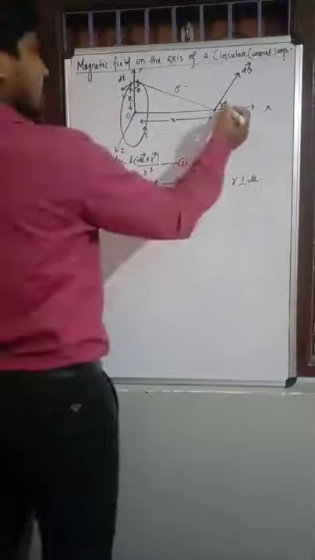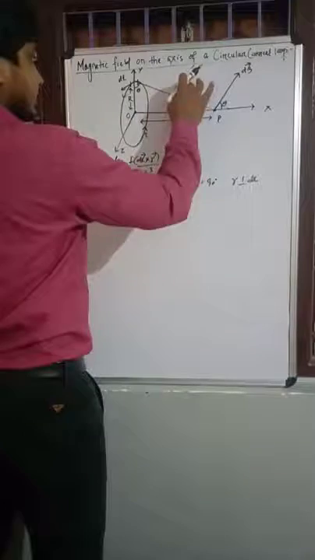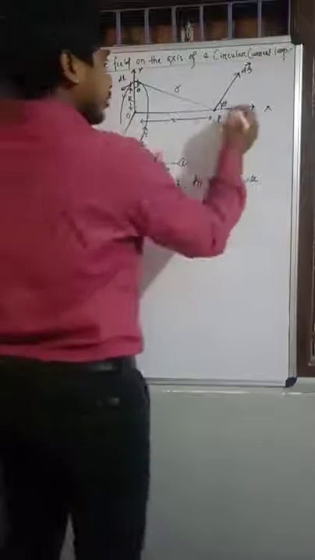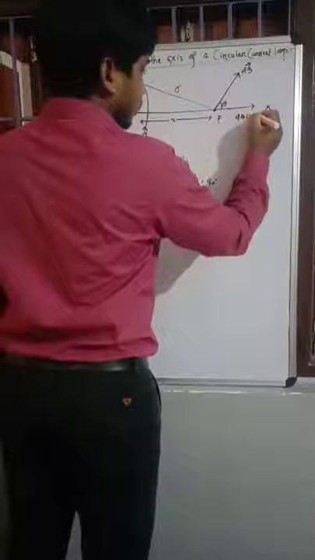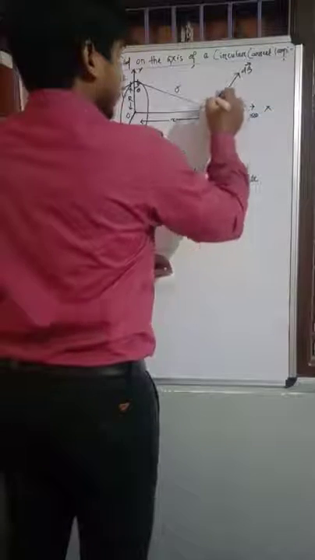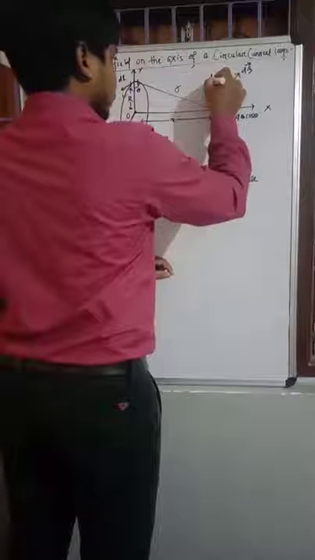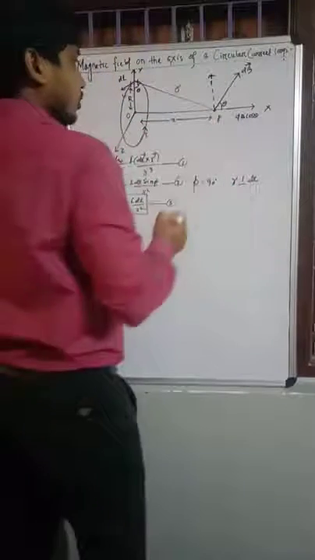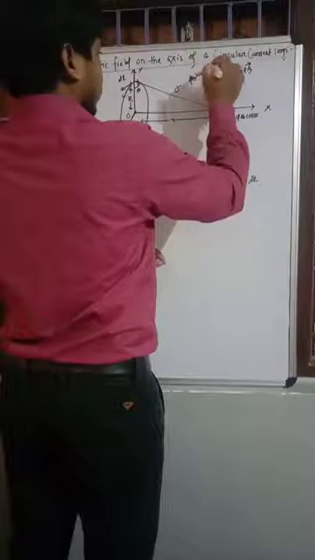And at this point, this dB vector can be resolved into two components, its horizontal component and vertical component. If I take the horizontal component along this x-axis, it will be dB cos theta. And perpendicular to it along this direction, the vertical component will be dB sin theta.